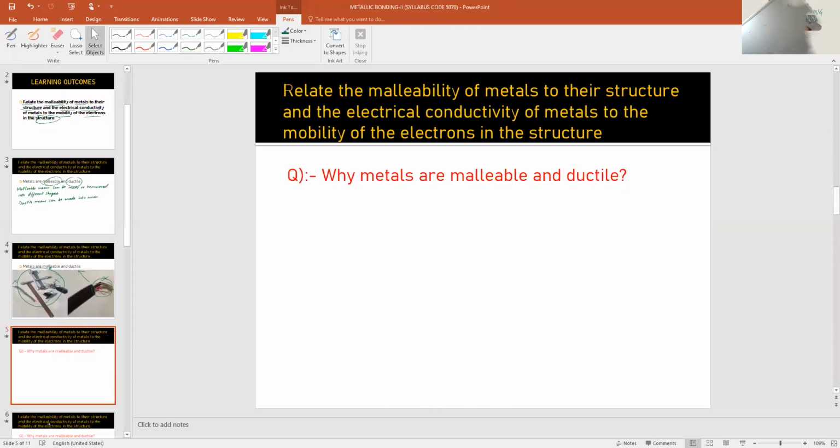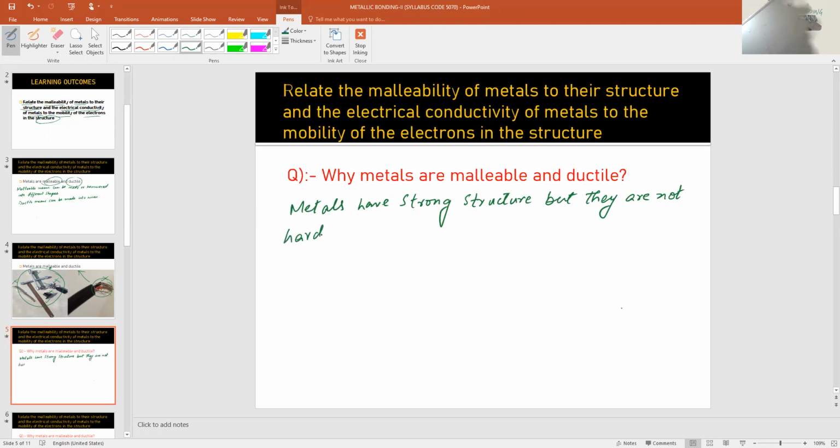Now, the question comes to our mind: if metals have strong structures, then why are they malleable and ductile? Metals have a strong structure, but they are not hard or rigid.